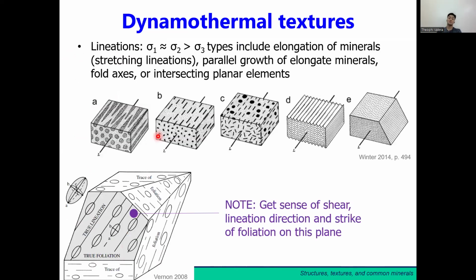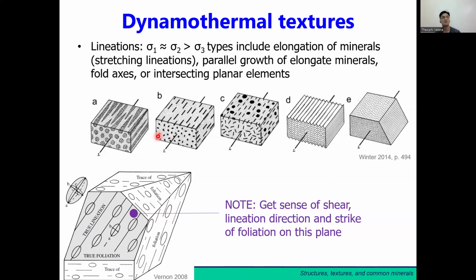Okay, and then lineations. We've already discussed lineations. Basically, lineations may happen when you have sigma 1 equal to sigma 2, and both of these are greater than sigma 3.